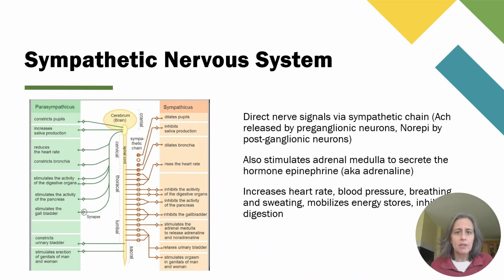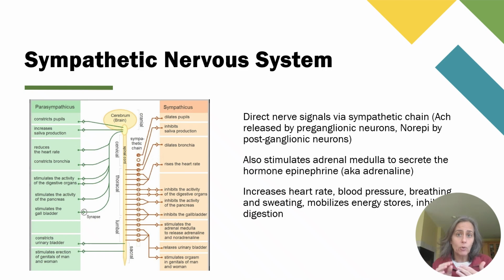That's one of the two main divisions of the autonomic nervous system, the other being the parasympathetic, which we see in green here. So recall that in the sympathetic nervous system, anatomically, the preganglionic neuron cell bodies are located in the thoracic and lumbar spinal cord. They have short axons that come out to synapse with the postganglionic neurons.